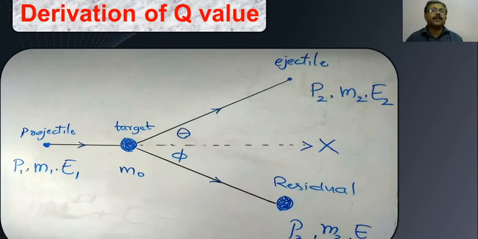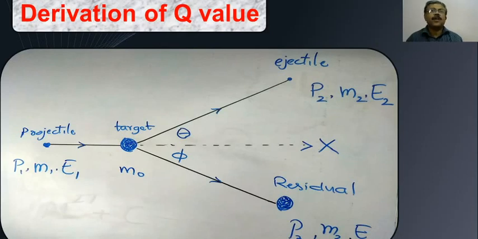Let us consider a projectile whose mass is m1, momentum is p1 and kinetic energy is e1. Let it be moving towards a target whose rest mass is m0. Now after the reaction, the residual nucleus will fly away along a direction making an angle phi with the initial x direction.